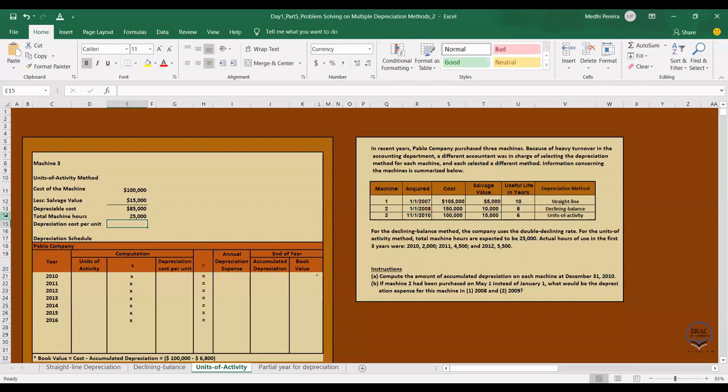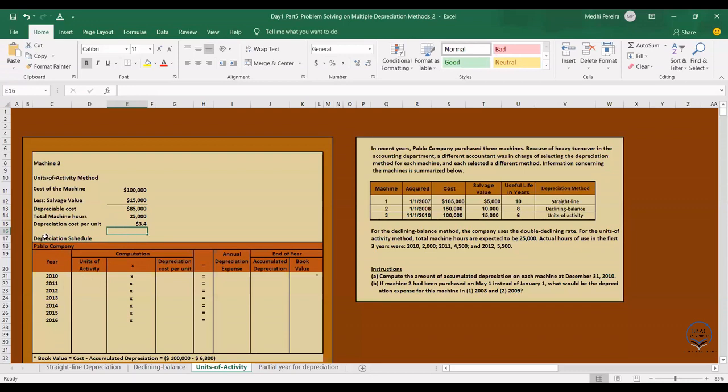To get the depreciation cost per unit, we divide the depreciable cost by the useful life or the total machine hours, that is 25,000 here. So we get the depreciation cost per unit as $3.4. This is the amount of depreciation cost per unit.